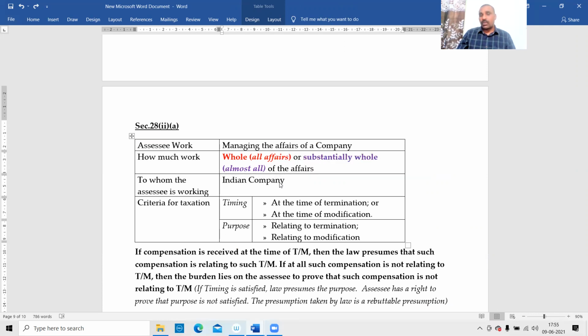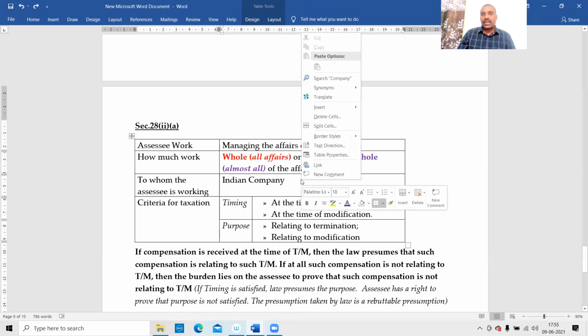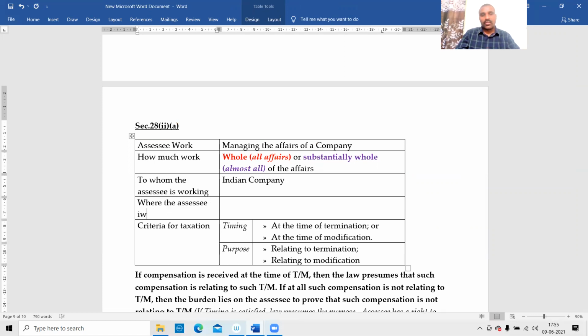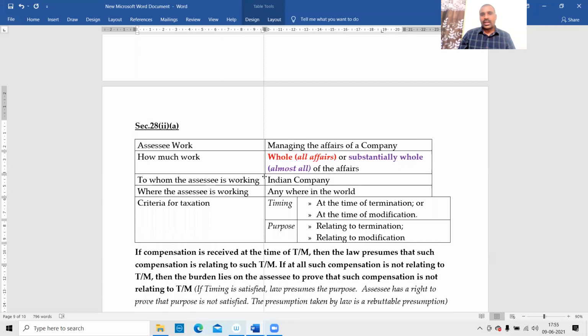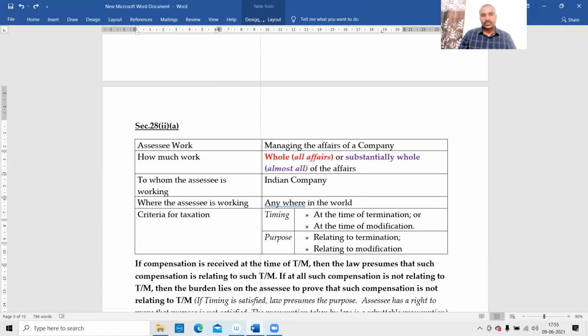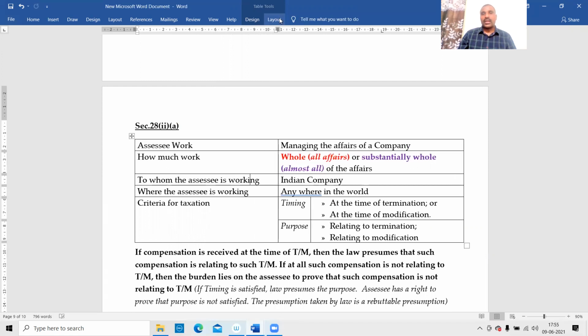Okay, right. The place of work, where the assessee is working, may be different from to whom the assessee is working. Insert rows below. I'll write where the assessee is working: anywhere in the world. Where the assessee is working, anywhere in the world, is not an issue. The place of working is anywhere in the world.